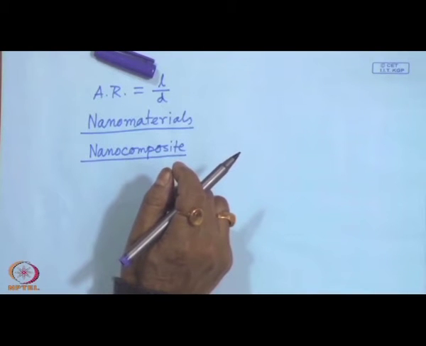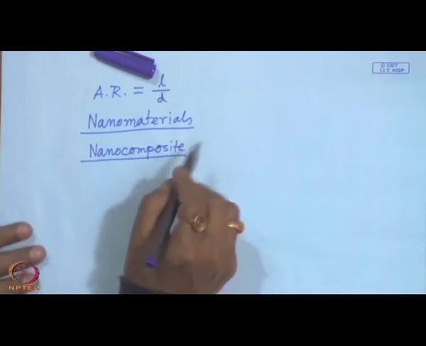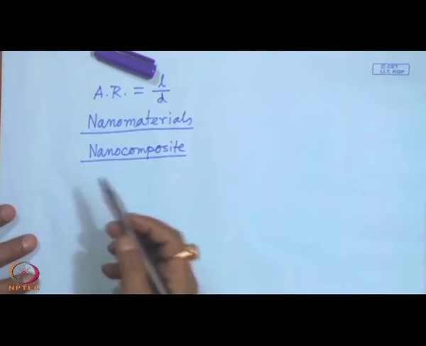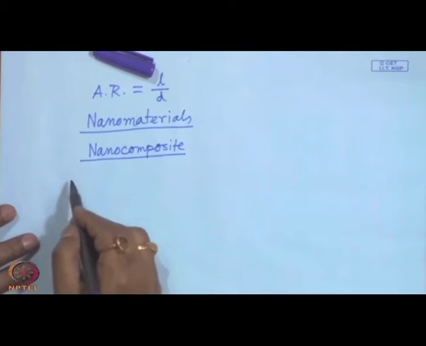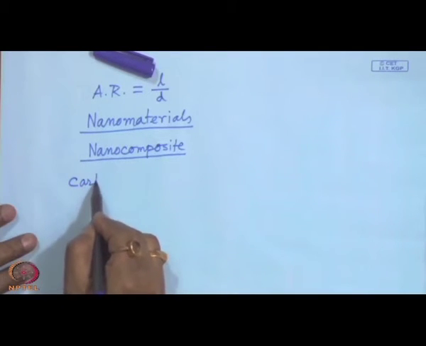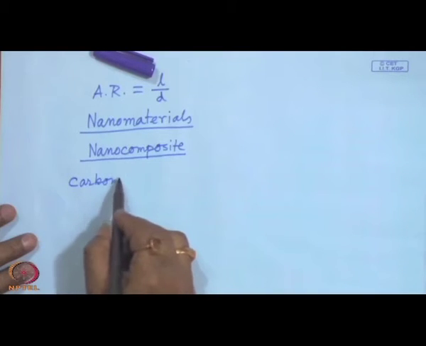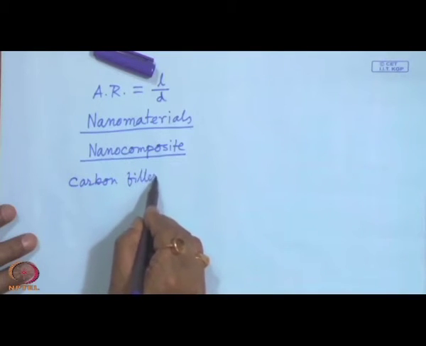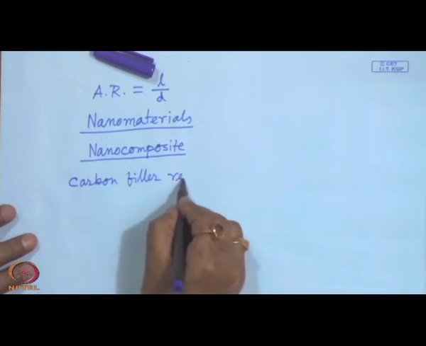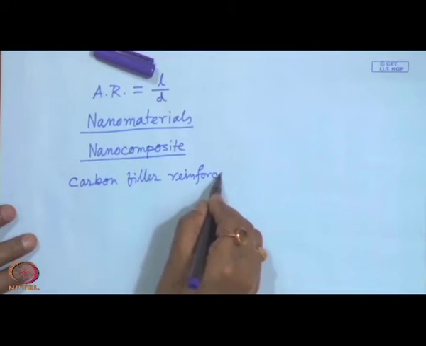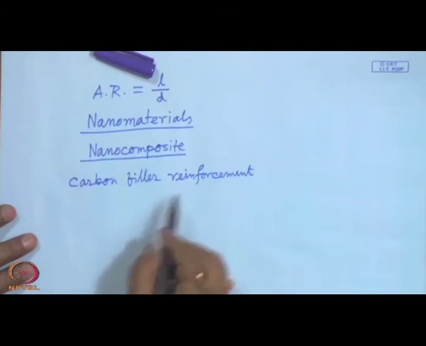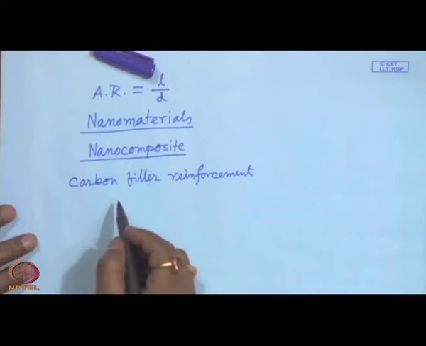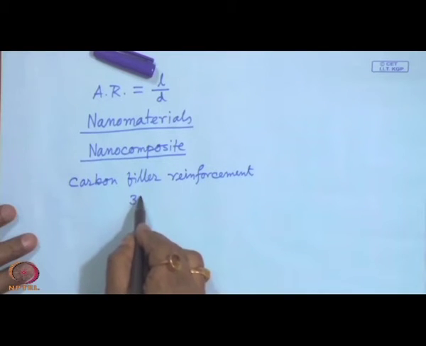For example, in the last lecture I referred to the example of the automobile tire, where carbon black was the reinforcing filler. The diameter of these carbon filler particles was around, say for example, 30 nanometer.